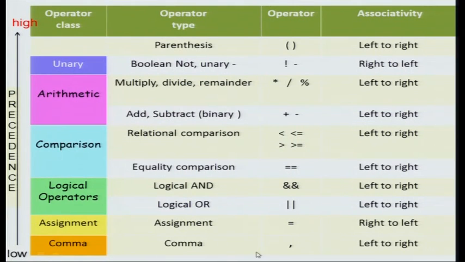The comma is an operation we will see later. Within the arithmetic operations, multiply, divide, and modulo have higher precedence over plus and minus. Plus and minus have higher precedence over relational operations like less than or equal to, and so on. We will see a few examples of how to use this table to understand what will happen with an expression.